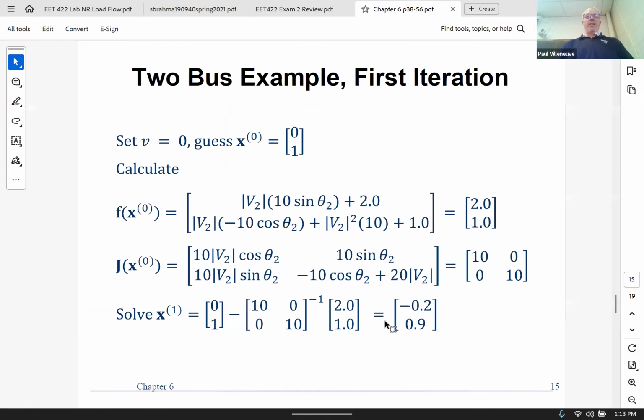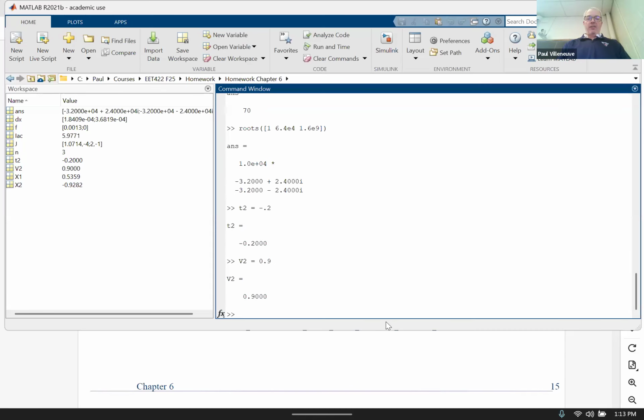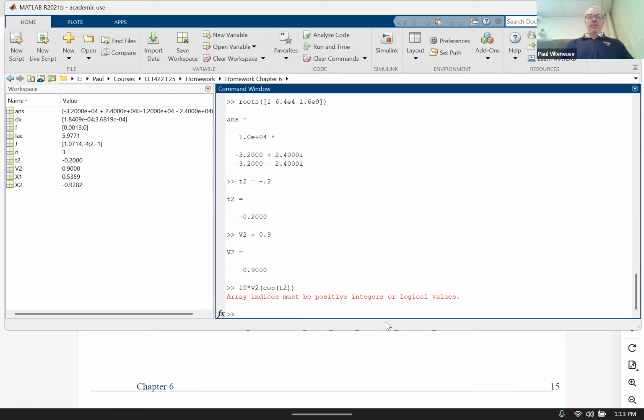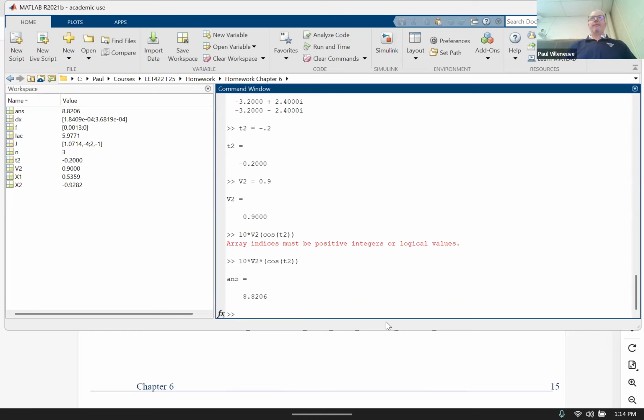So now my Jacobian for position 1,1 is 10 V2 cosine theta 2. So 10 times V2 times the cosine of theta 2 should be equal to 8.82. That's where you get it from.